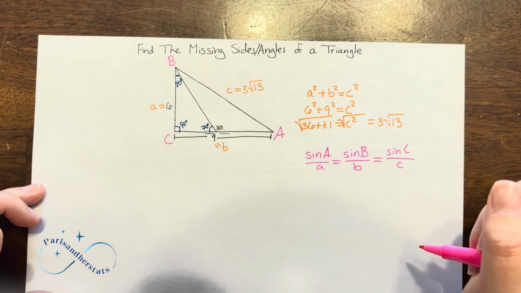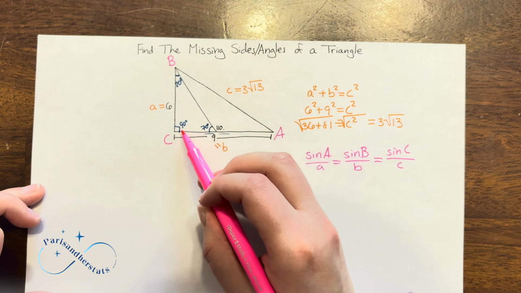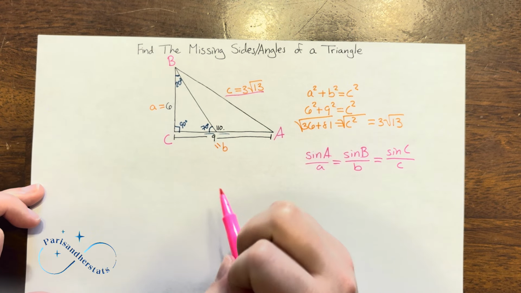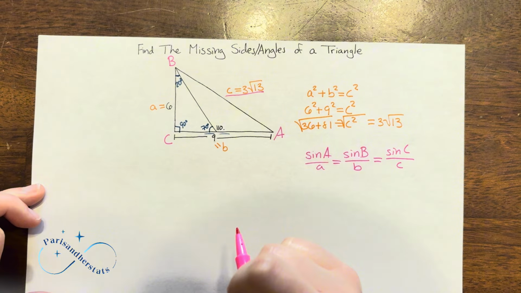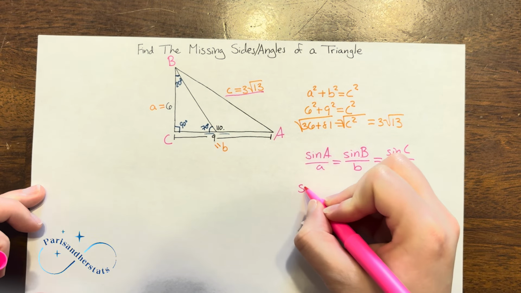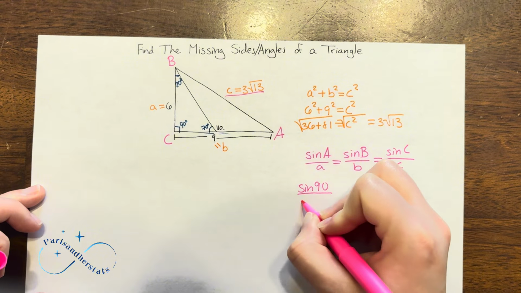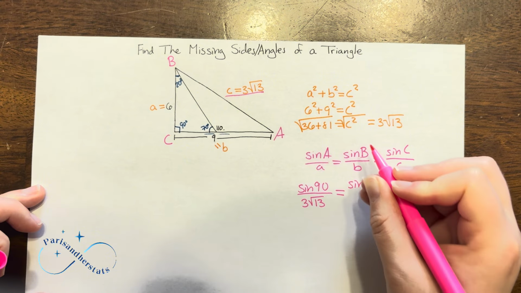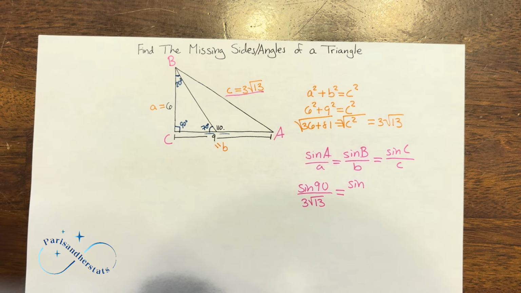Well, for this particular triangle, we know that angle C is 90 degrees, and we know that this side right here, little c, is 3 root 13. That tells us that sine of 90 over 3 root 13 equals sine of something over something. We can choose what we want to do for the next one.